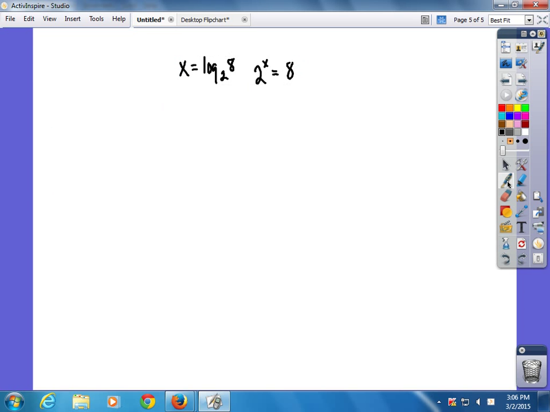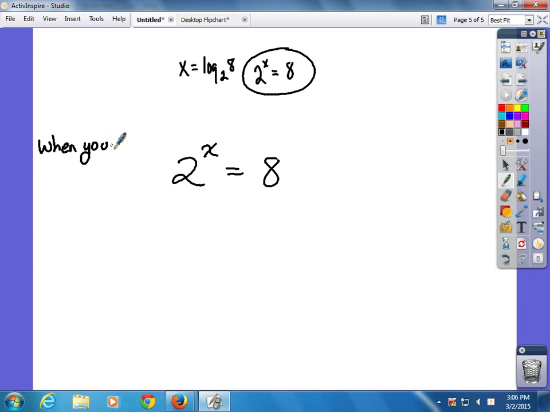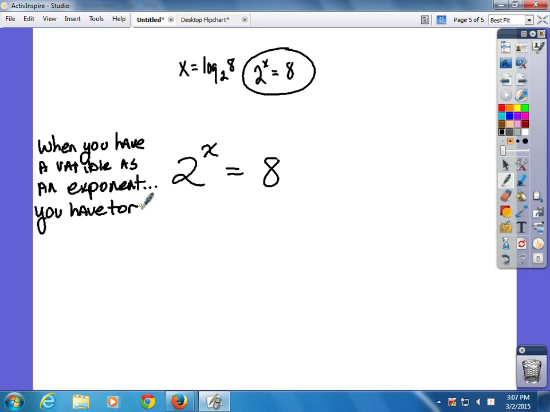Just in case somebody has forgotten how to solve that, always remember if you have an x and an exponent, you have to rewrite as what?